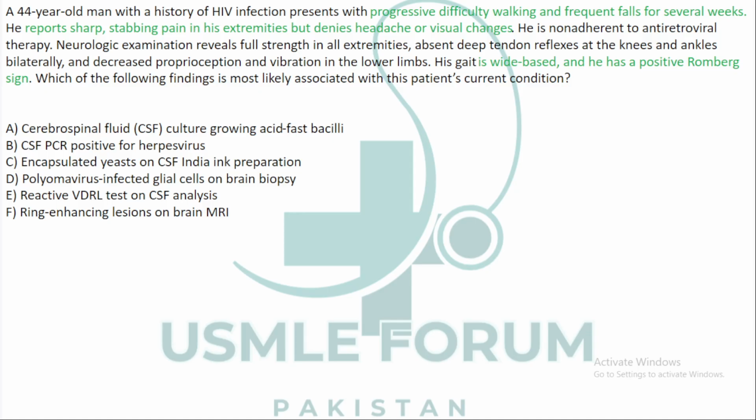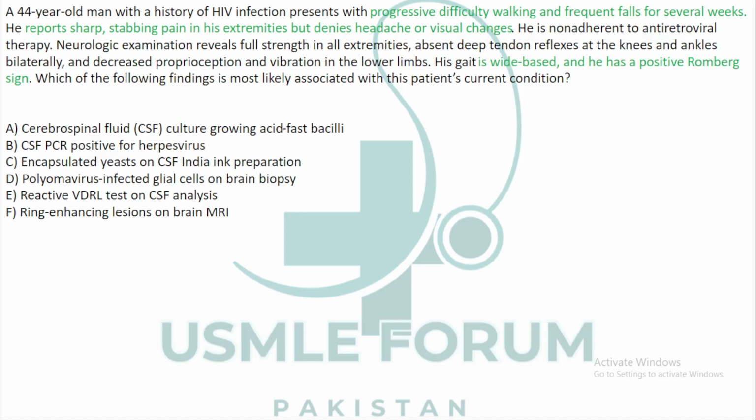That's Toxoplasma gondii, which causes focal deficits like hemiparesis and seizures. But again, not this. Purely sensory, more posterior column pattern. As I've explained, the posterior column pattern is in neurosyphilis, tertiary syphilis.